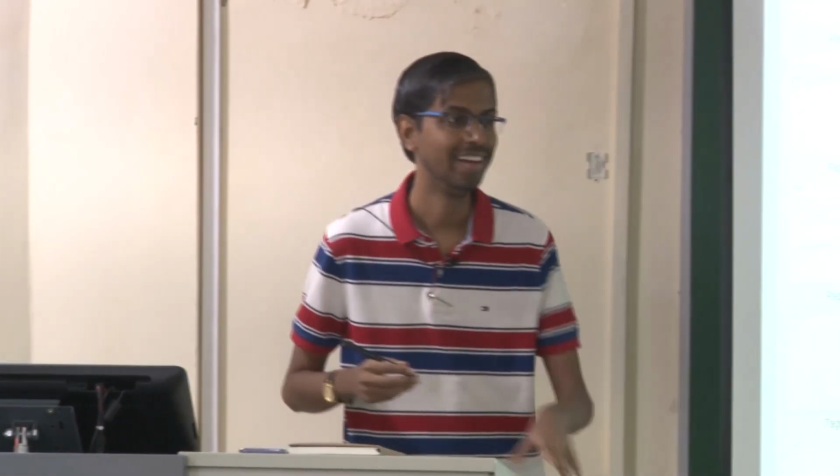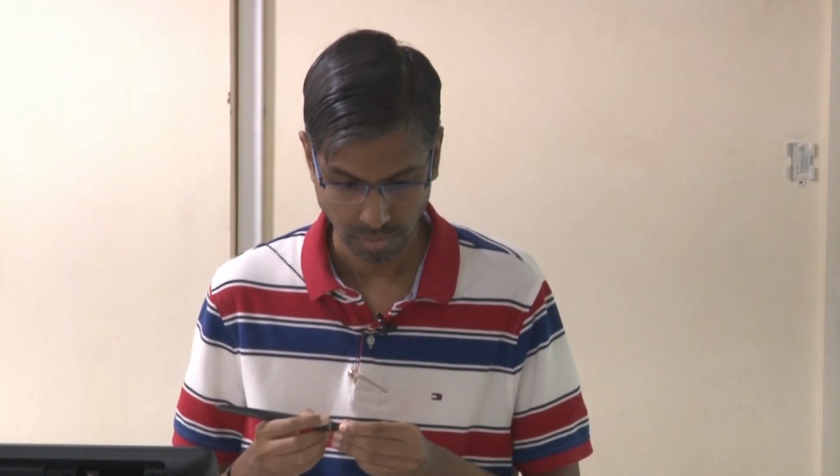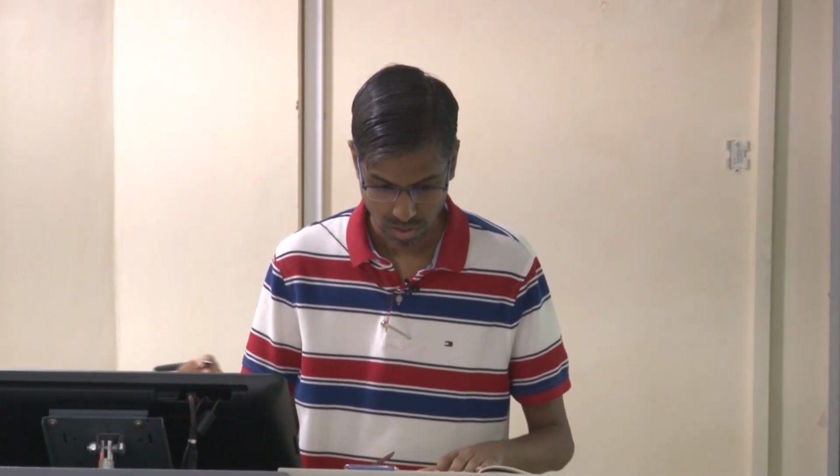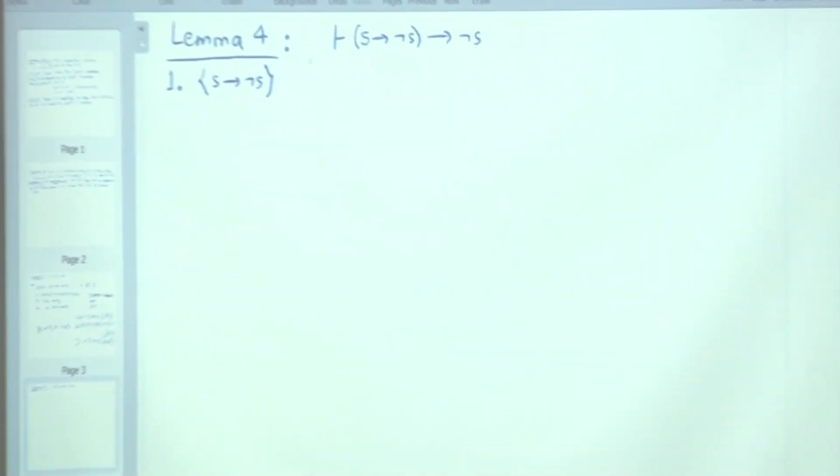Lemma 4. Let me write down the solution for you. This is quite complicated. First line: of course, we have to use the deduction theorem at the end.